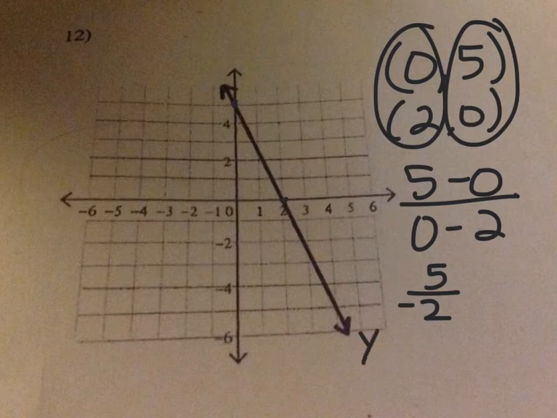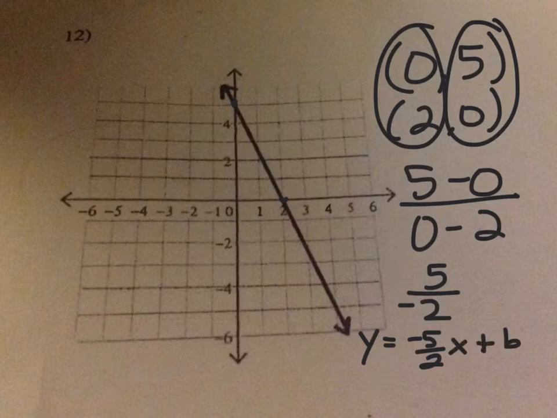So when I substitute in y equals negative 5 halves x plus b, I need to find one ordered pair. Let's just choose this one right here, (0, 5). The y value is 5, so 5 equals negative 5 halves times 0 plus b.